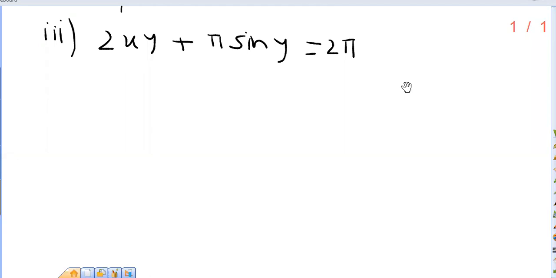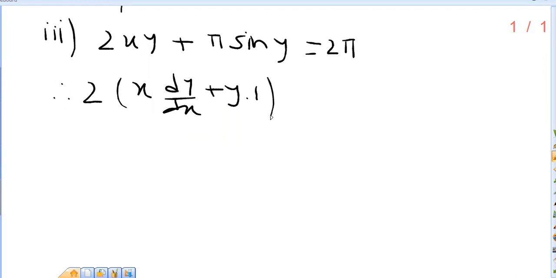Now the next curve is 2xy plus pi sine y equal to 2 pi. You have to say differentiating both sides with respect to x. Therefore, you get what? 2 into, what is derivative of xy? It is x dy dx plus y into derivative of x, which is 1, plus pi. What is derivative of sine y?